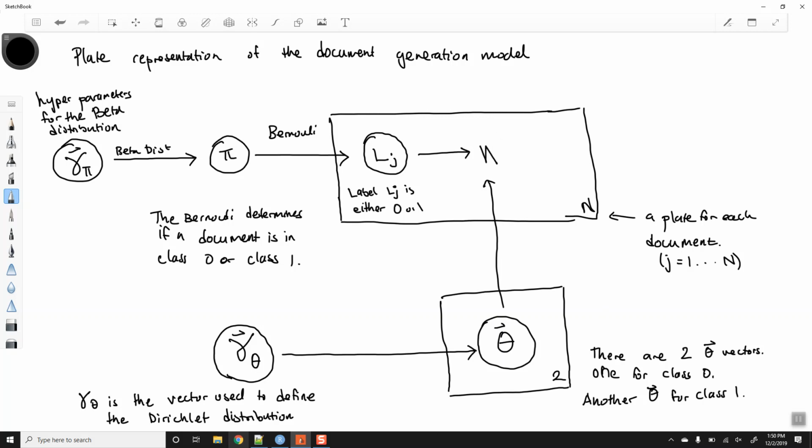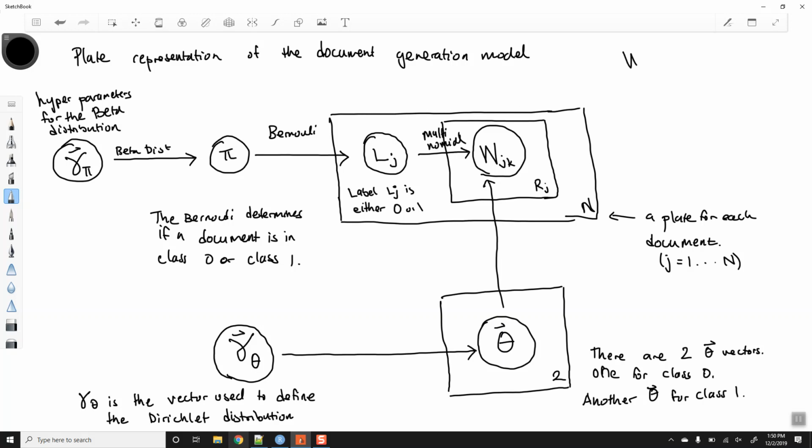And so from the theta vector, we're going to get the actual word counts. This uses a multinomial.